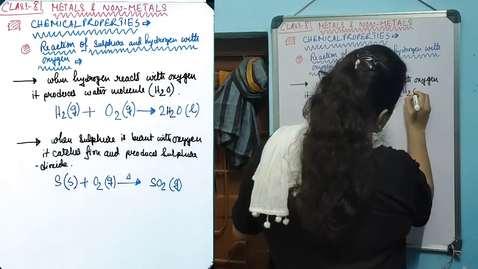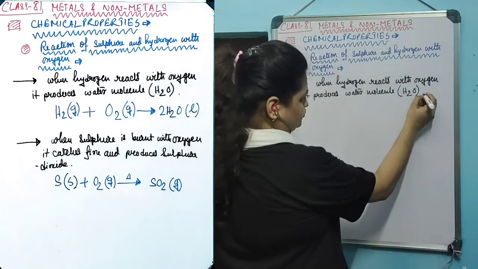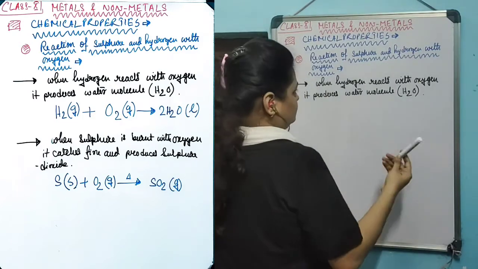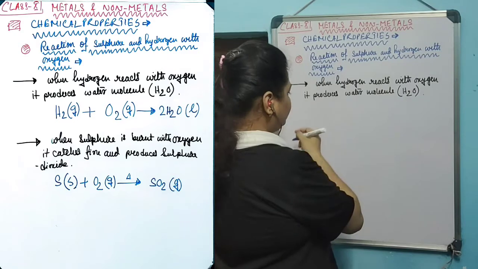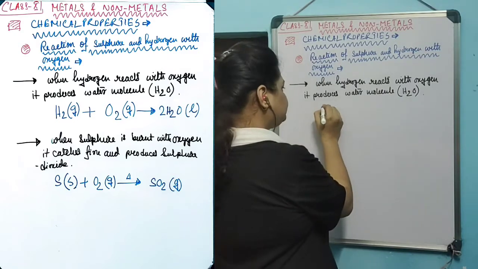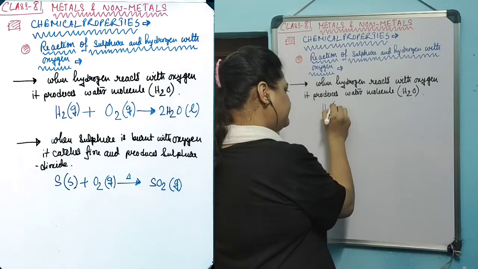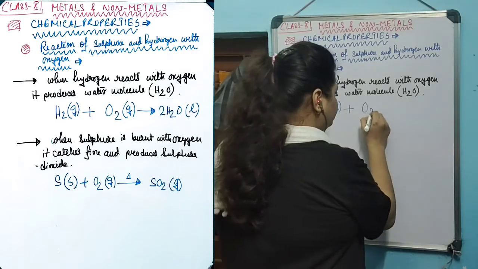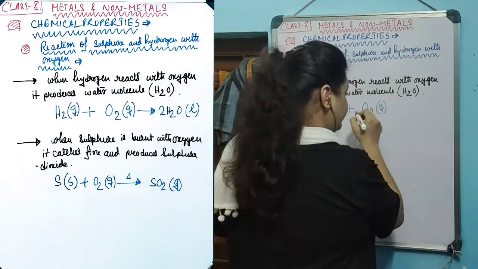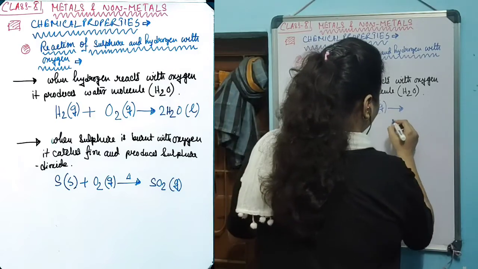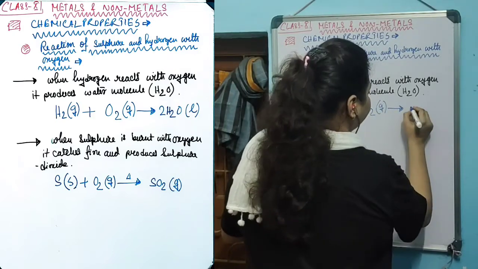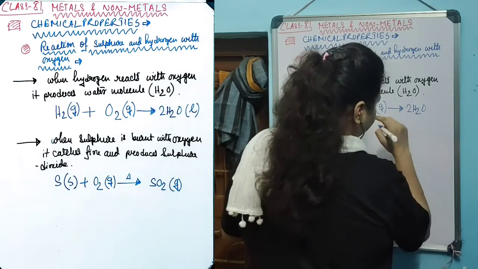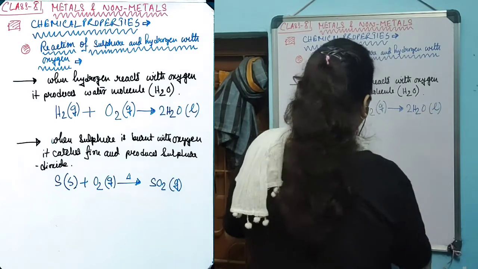The chemical formula of water is H2O. Hydrogen, which is gaseous in nature, reacts with oxygen, which is also gaseous in nature, and they react with each other to produce two molecules of water, which is liquid in nature.